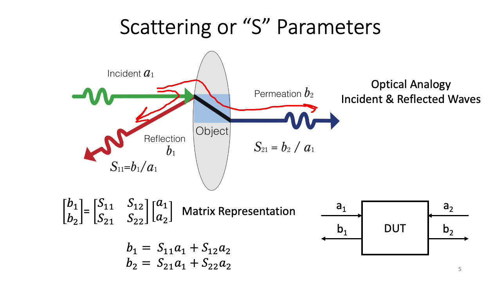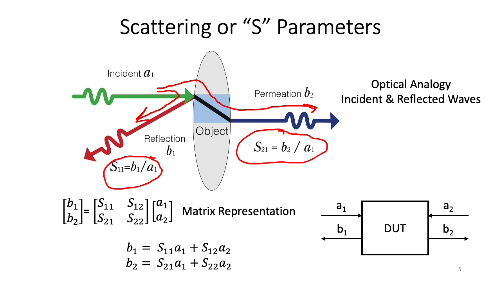The relationship between the incident and reflected wavefronts is called the S parameter. In this case, S11 is the relationship between the reflection B1 and the incident wavefront A1. Similarly, S21 is the relationship between the wavefront that passes through the object and the incident wavefront A1. So that's B2 over A1.